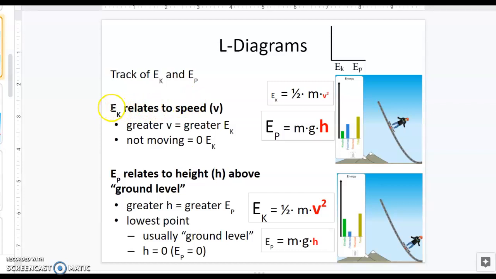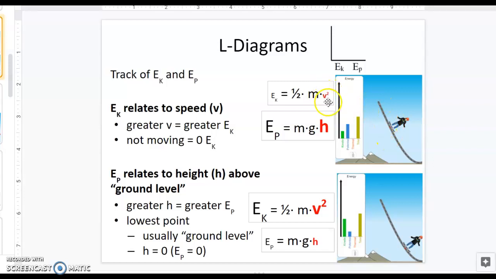And when we talk about kinetic energy, it relates to the amount of speed an object has, or velocity. The greater the speed or velocity, the greater the amount of kinetic energy. When something's not moving, we say its velocity is 0. But if we were to drop a person down that track, they might have a little bit of speed on that track at the beginning.